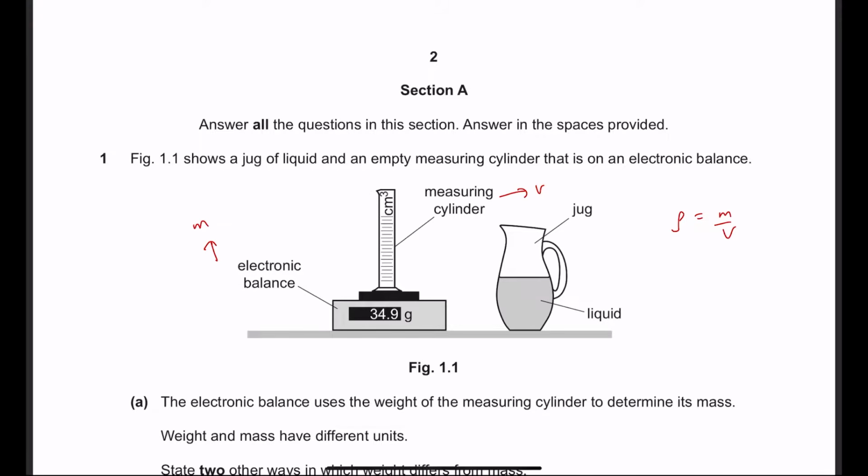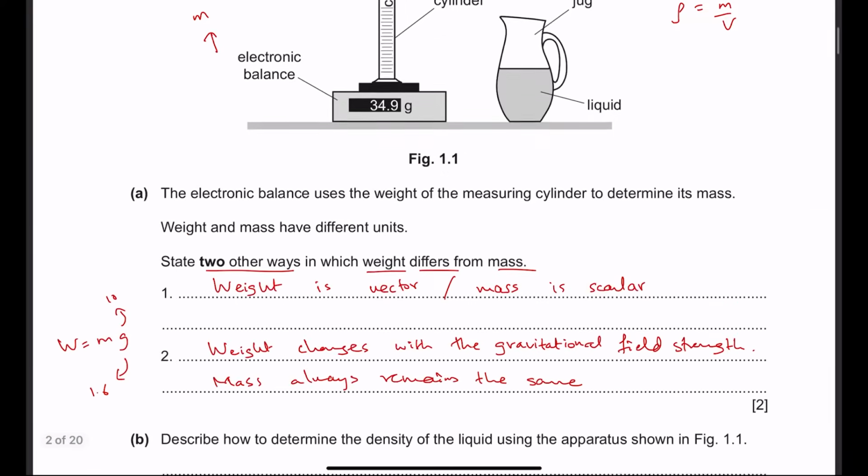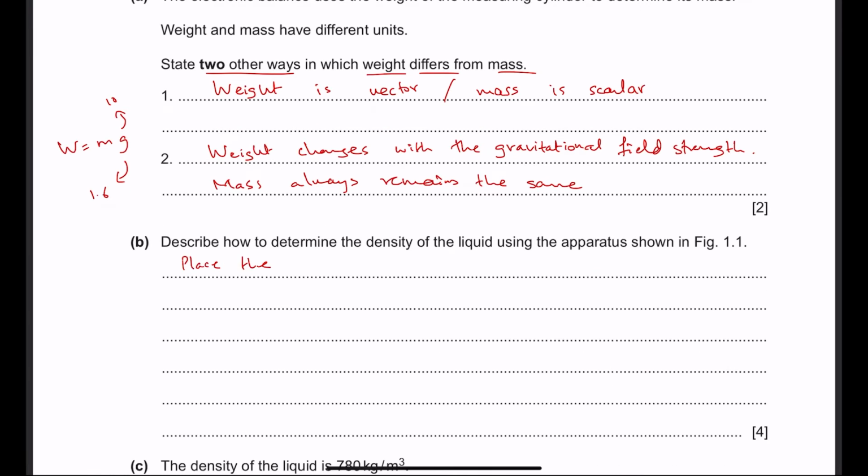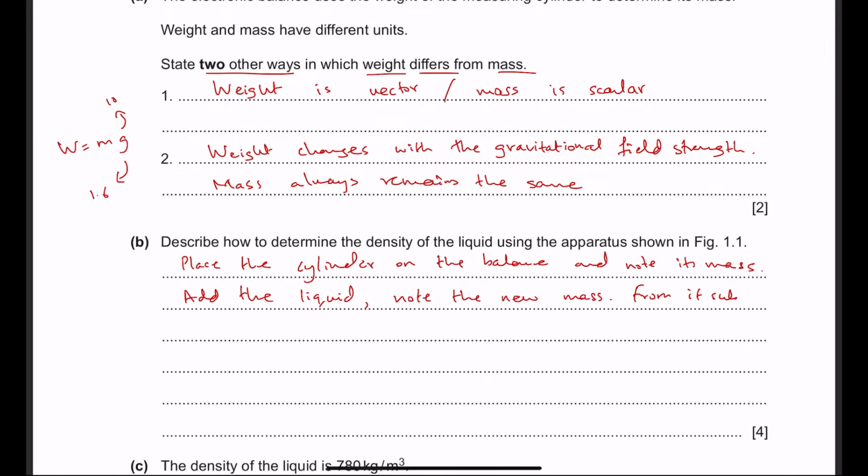But the problem with the electronic balance is that if you place the measuring cylinder on it and then add liquid to it, it will measure the total mass of the cylinder plus the liquid. We only need the mass of the liquid, so you have to subtract the empty measuring cylinder's mass. Okay, so using these steps, we have found the mass of the liquid.